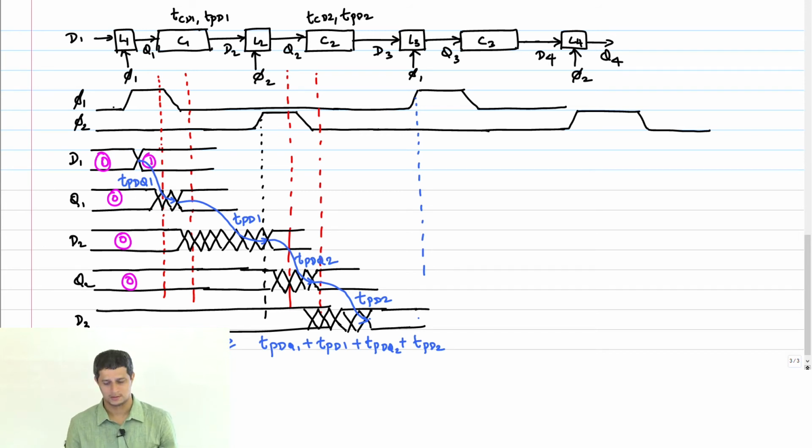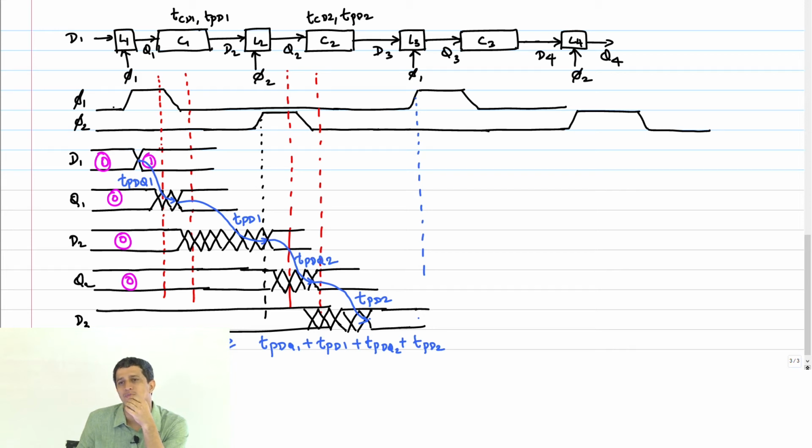Okay. Now let's try to analyze the min delay constraint. When can D1 change first of all? After the, correct. The time is not Tc.